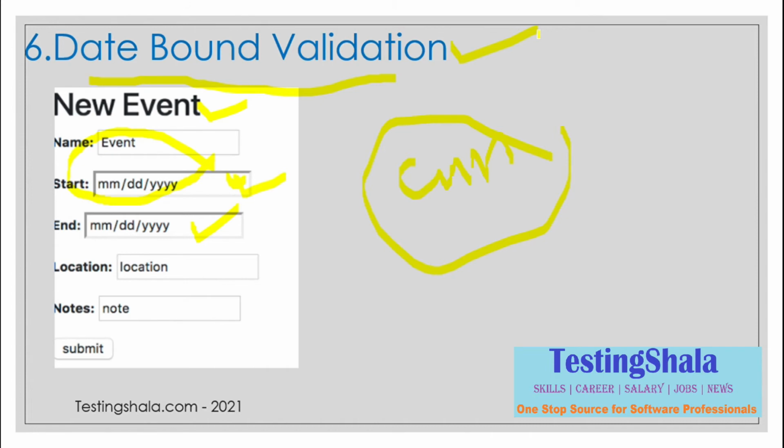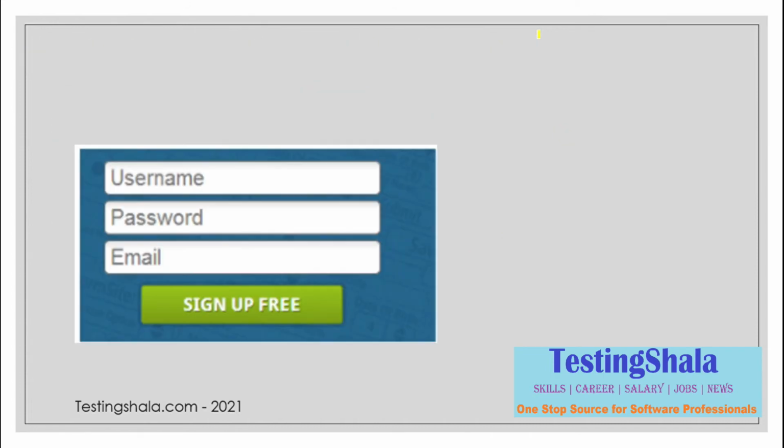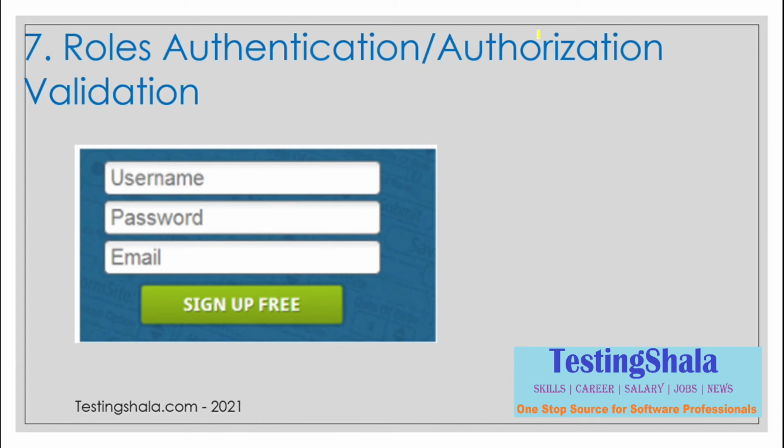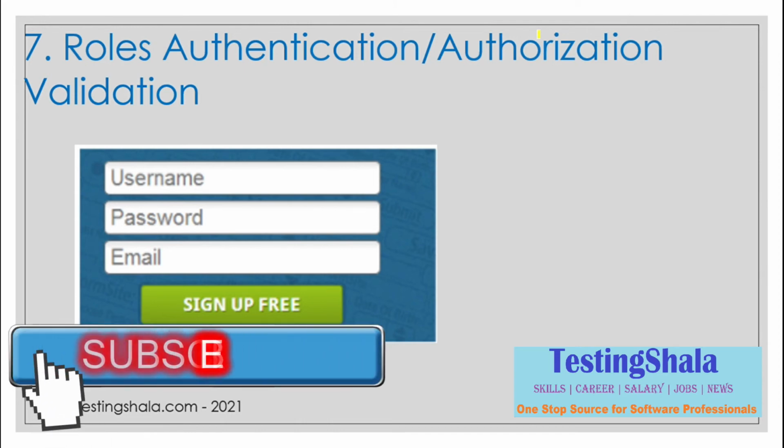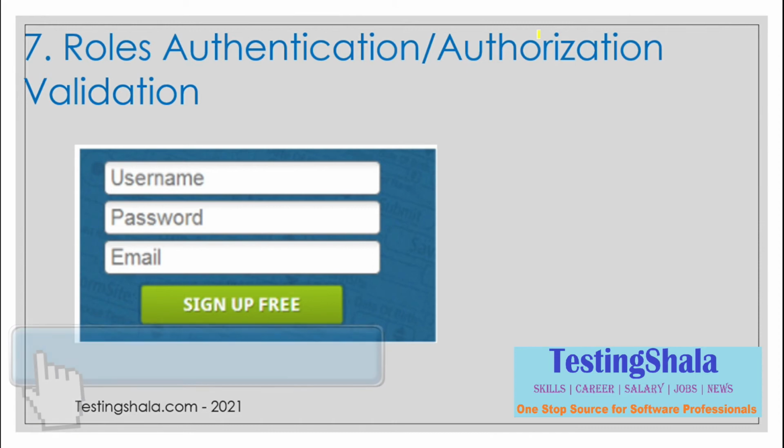Then the seventh is roles authorization and authentication validation. This is a very crucial test case. Whenever you log into the user application, based on the authorization or authentication, you should see appropriate functionality after you log in. Let's say the person who logs in as a test lead can only see certain functionality.